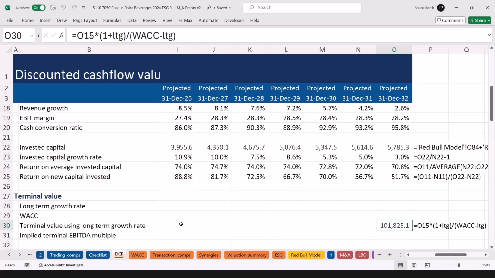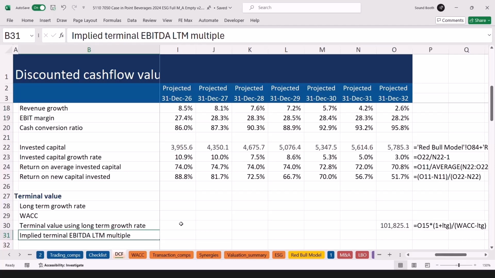Now, we've used a Gordon growth model, but it's useful to do a sanity check, and we can do that by calculating an implied terminal EBITDA multiple. And the multiple we are effectively implying is an LTM multiple. And this is because when we move multiples through time, it's always good to use a multiple that has a consistent relationship between the value date and the earnings period.